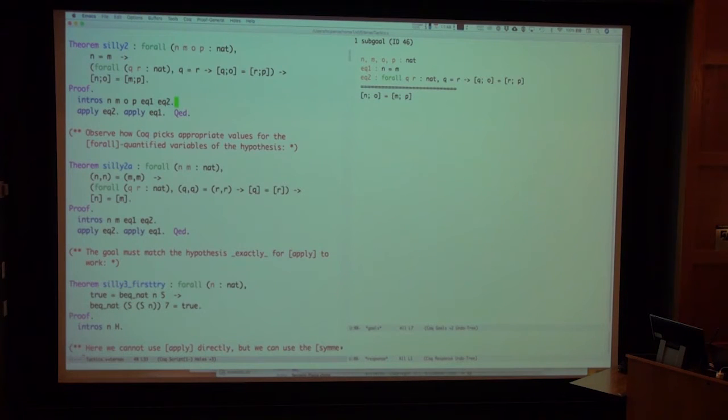The reason I want it as an example is to show you that if I apply EQ2 to the current goal state, it's going to have to do some matching, some pattern matching, some unification, strictly speaking, to lay the conclusion of EQ2 on top of the goal and see that they match. Right?